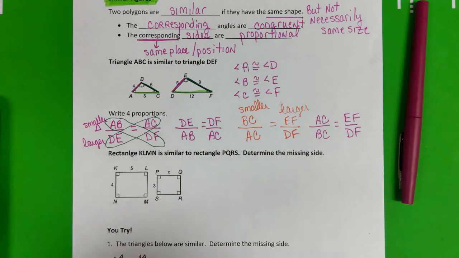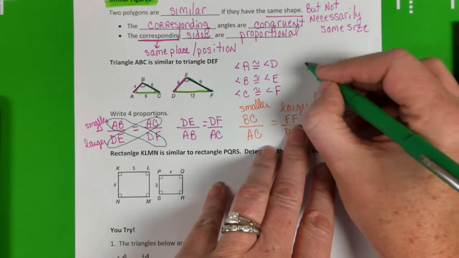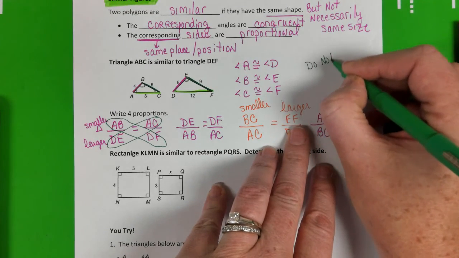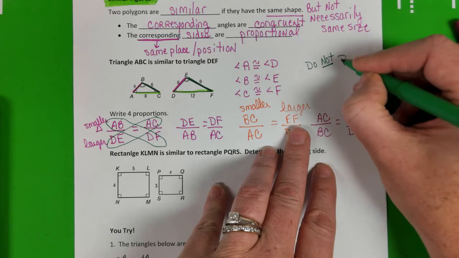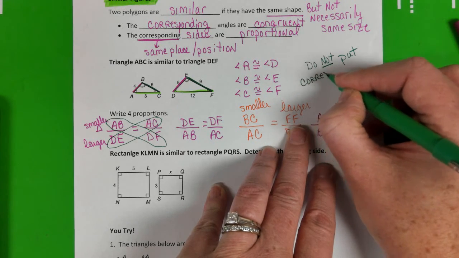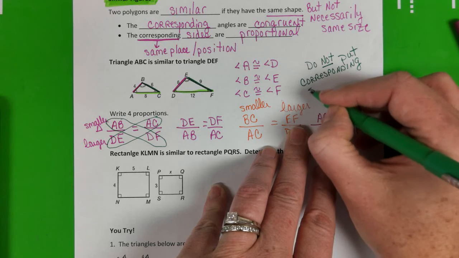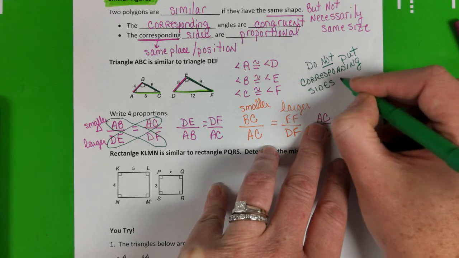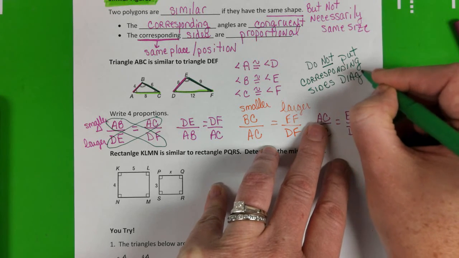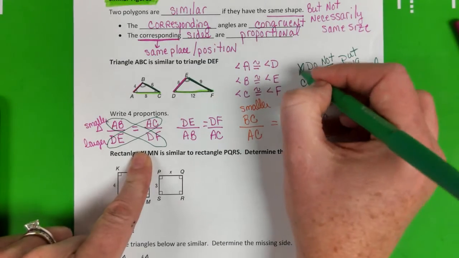If we have corresponding sides diagonal from each other, then we know we've done something wrong. Maybe we should write that down. Do not put corresponding sides diagonal. That's what I was trying to show you right there. Do not put them diagonal. That's super important.